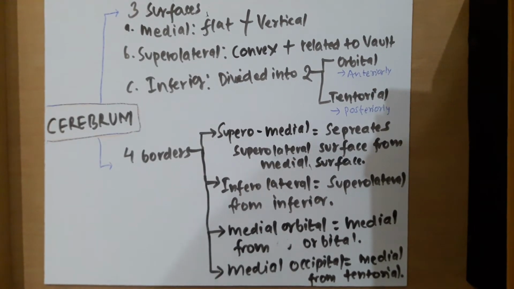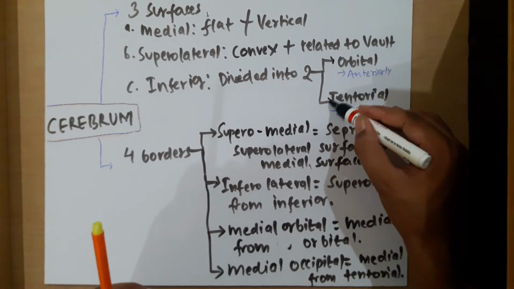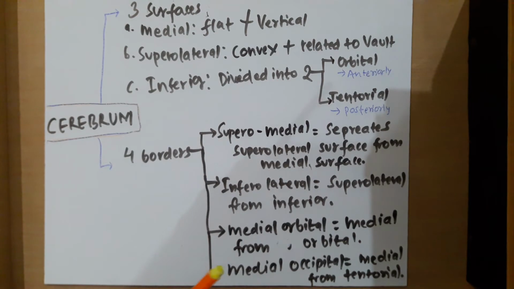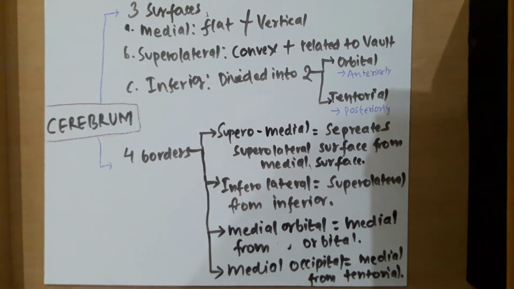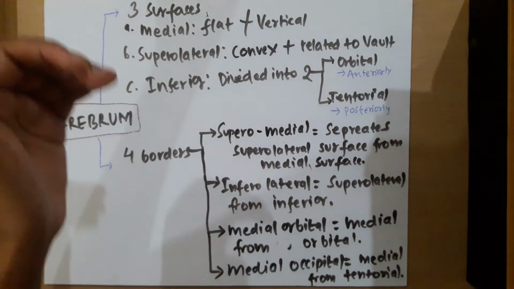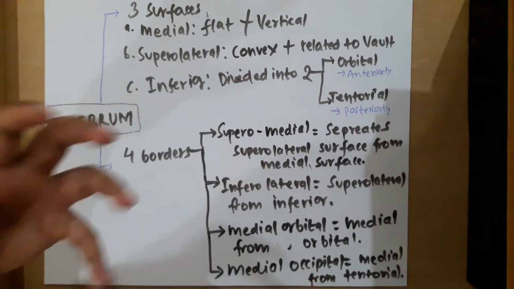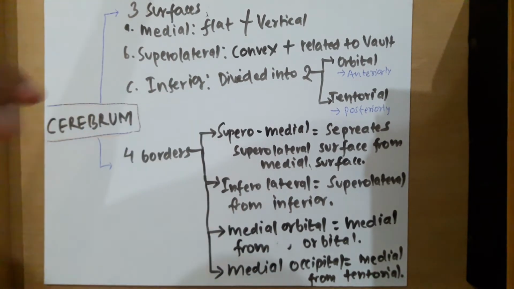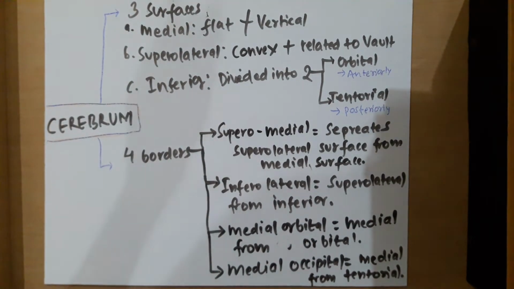So this was a short introduction about the cerebral hemisphere, before going to the individual surfaces and discussing the structures, sulci and gyri that each surface presents.